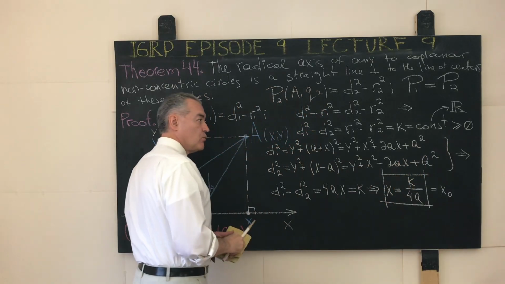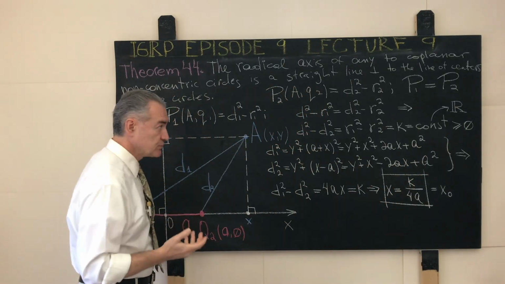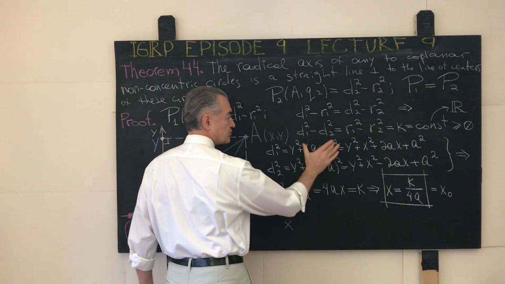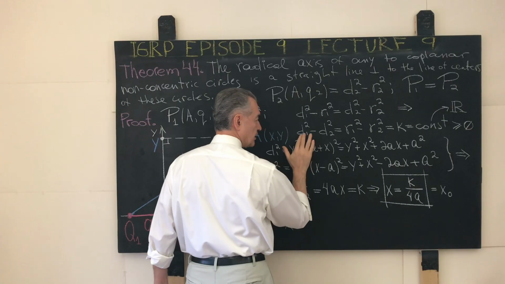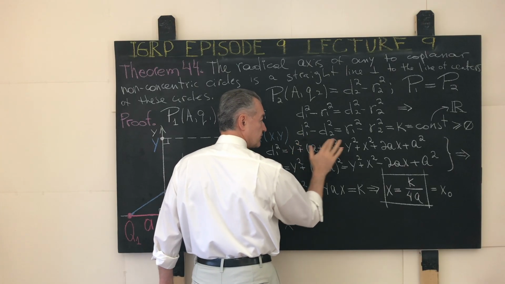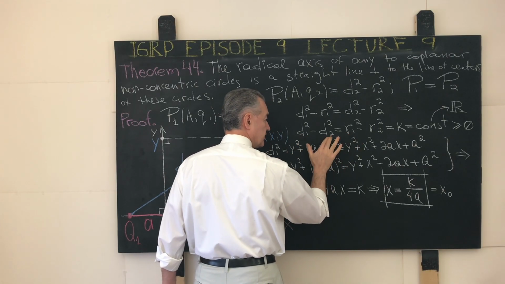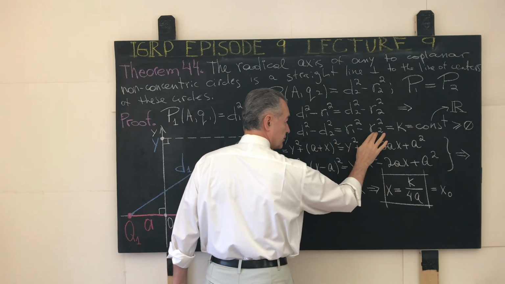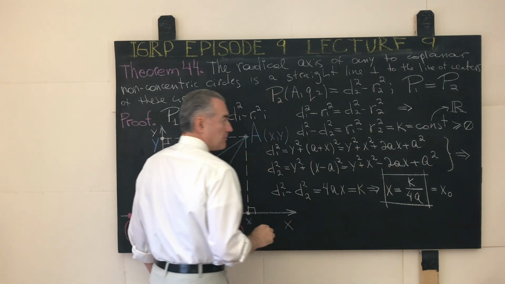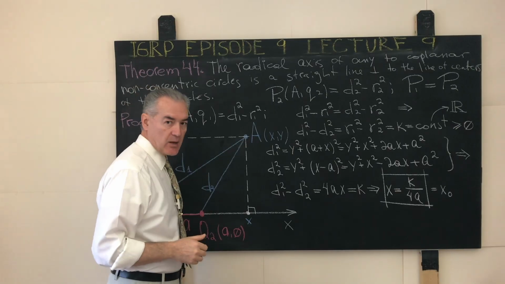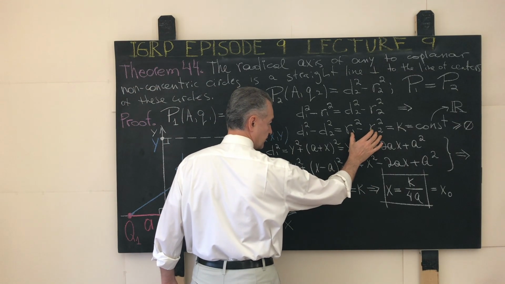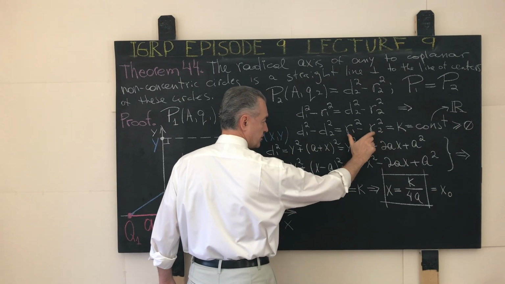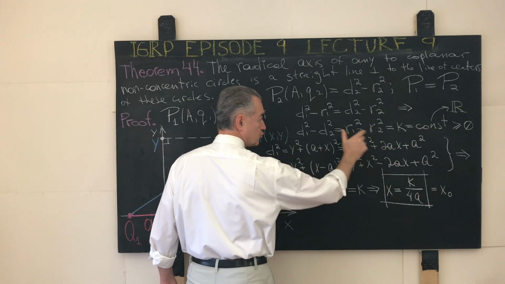Why is that? Why can this requirement be imposed? Well, because of the symmetry of the indexes in this relation. Look at this. d1 on the left, r1 on the left. d2 on the right, r2 on the right of the minus sign. So let's say it so happened that the radius r1 is strictly smaller than the radius r2, so this difference of squares comes out to be negative.